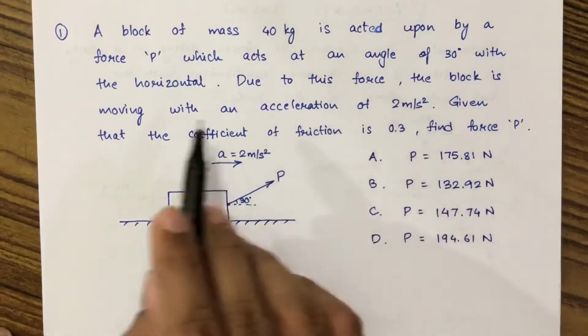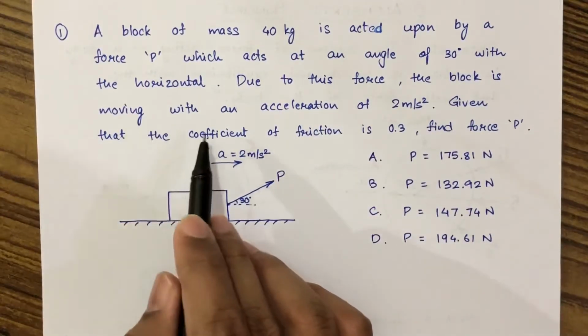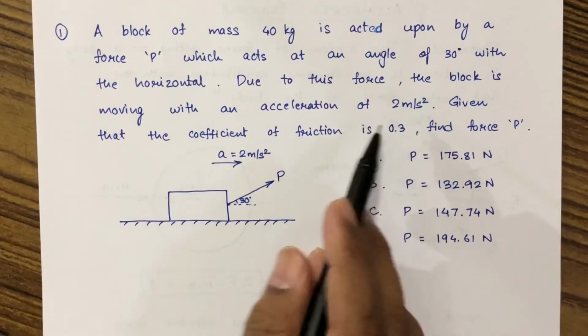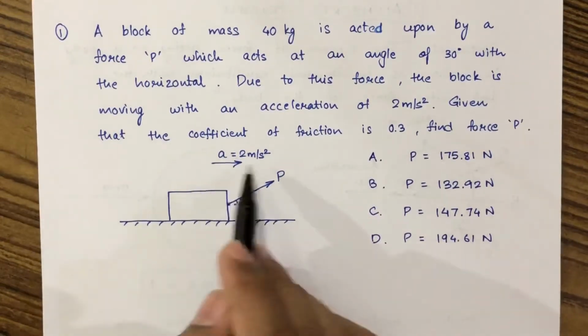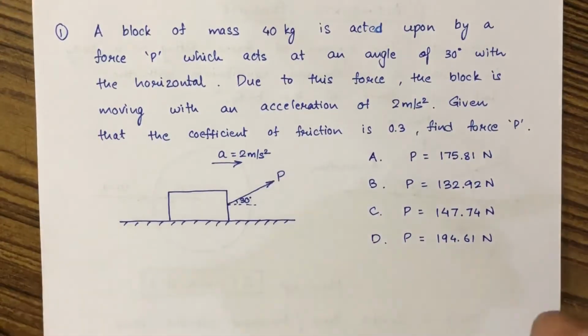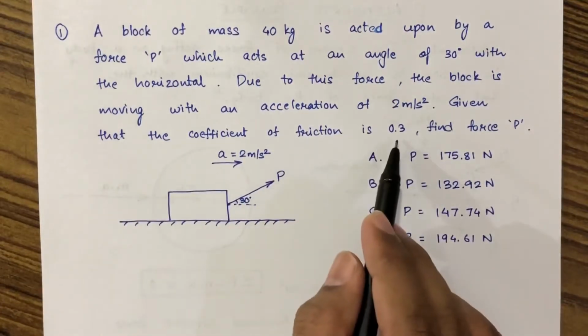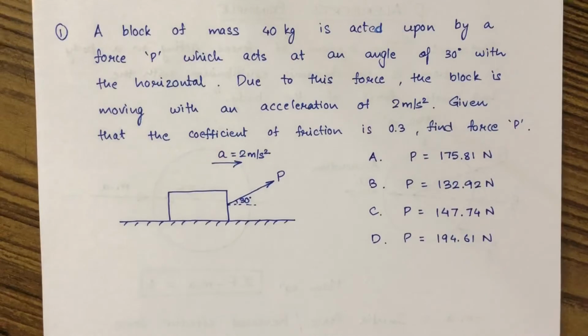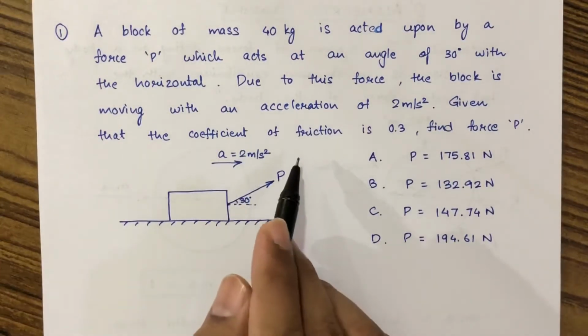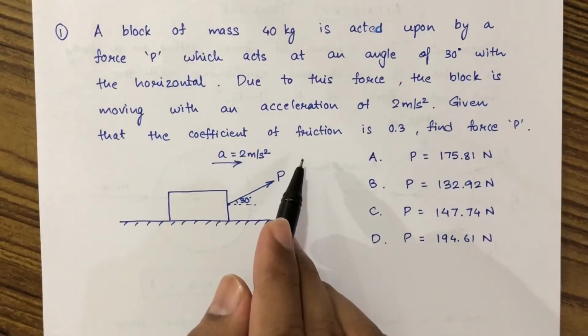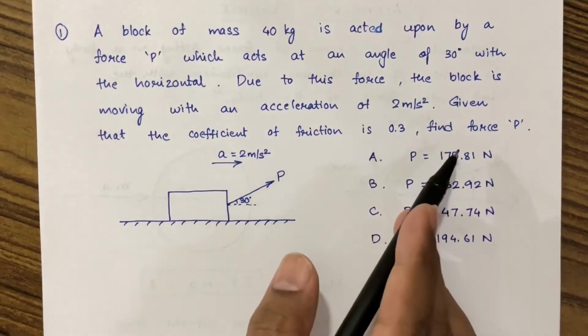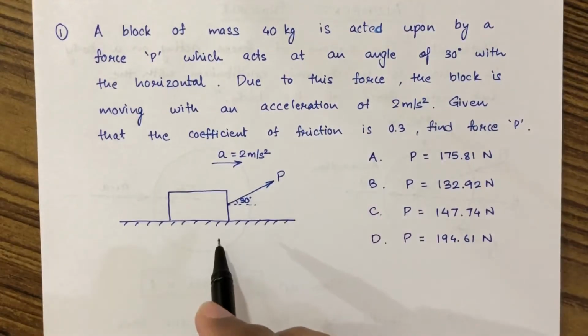Due to this force, the block is moving with an acceleration of 2 meter per second square in this direction. Given that the coefficient of friction mu is 0.3, find force P.